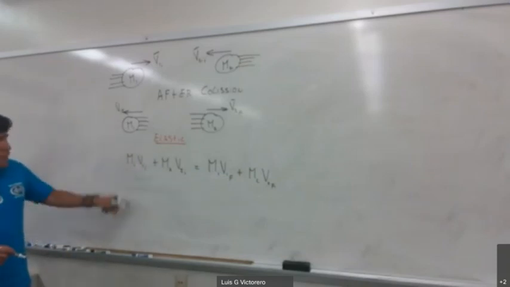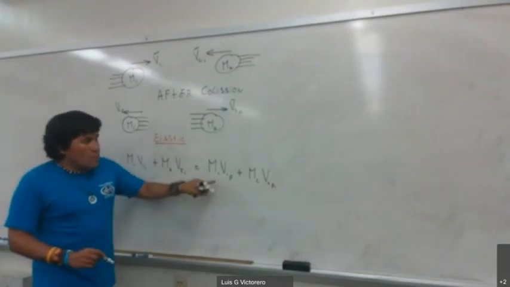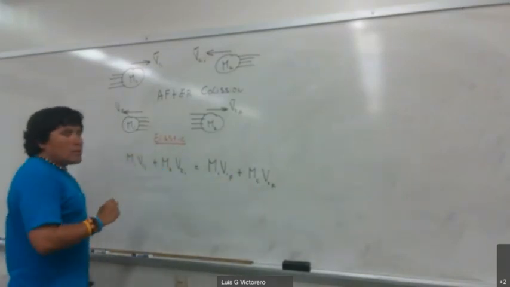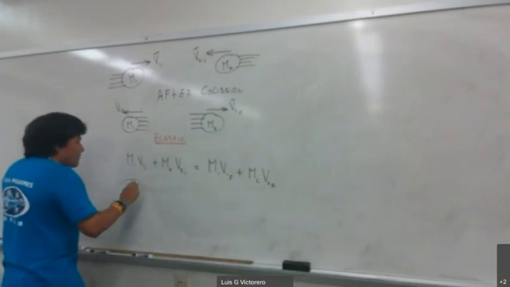So if I give you the initial velocities and you know the masses, you still have two variables. So how do you work out a problem like that? There is another condition, right?